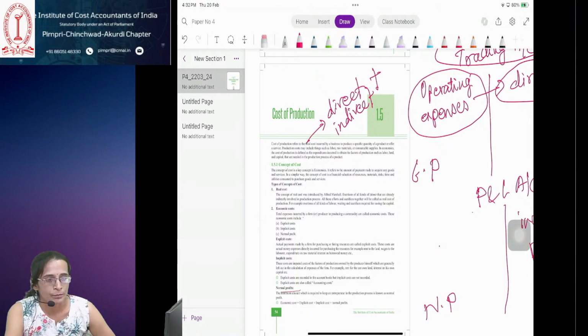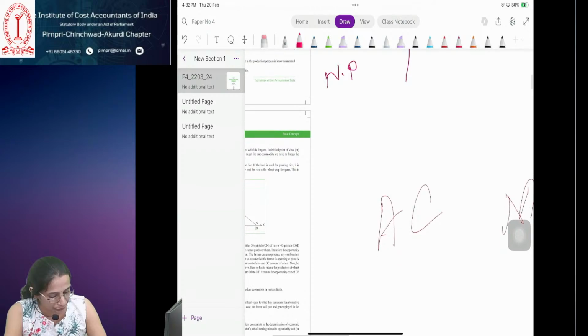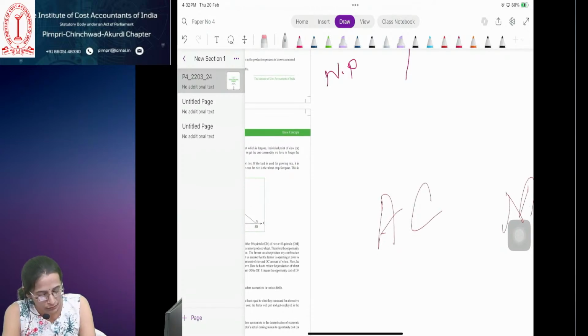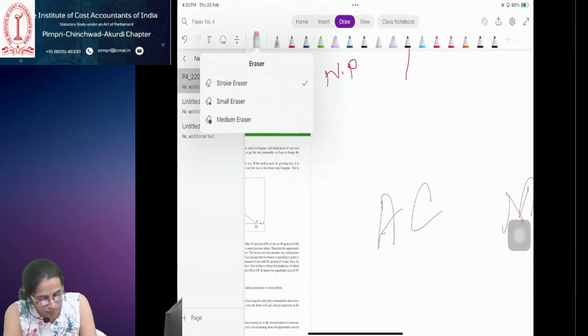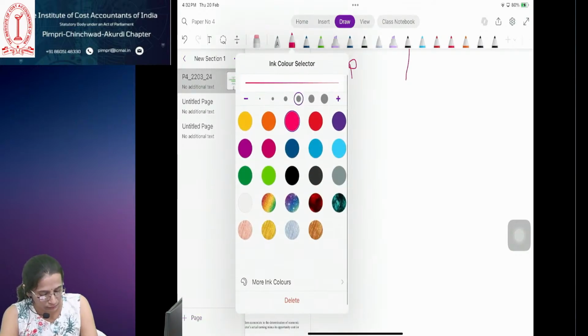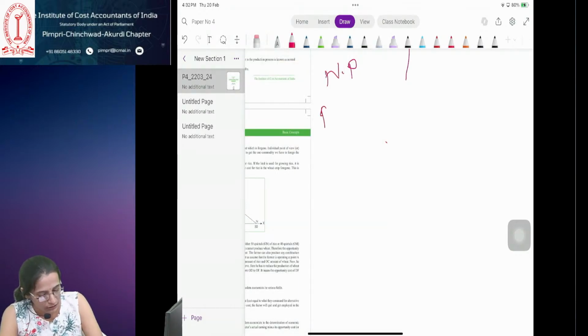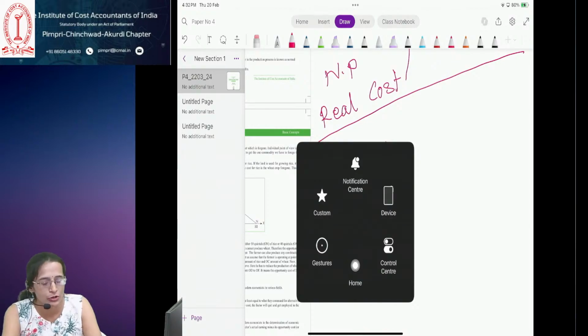So there are some types of cost. Real cost. So what is a real cost? Any idea? You know the opportunity cost, you might have heard about it, right?